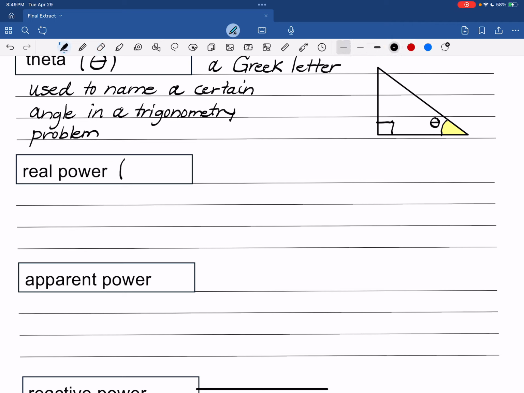Real power, and that is labeled for us with a W. Real power is the power consumed or used by the resistive part of a circuit.